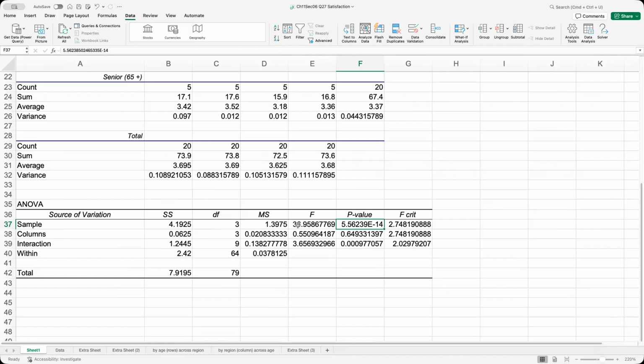Now, is there a particular combination of factors that matters here? Is there an interaction between my rows and my columns?